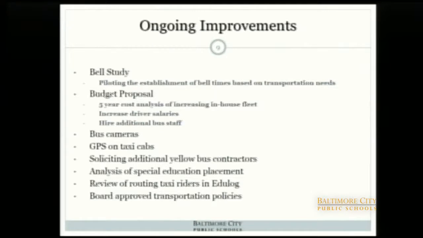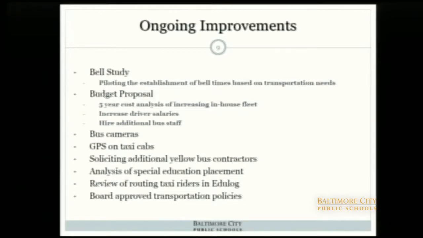So increasing driver salaries, in our opinion, should happen either simultaneously or before we look to increase our fleet, as well as hire additional bus staff. With the current salary, we have managed to hire additional staff. We still have some vacancies, but we're working to fill them as we speak.